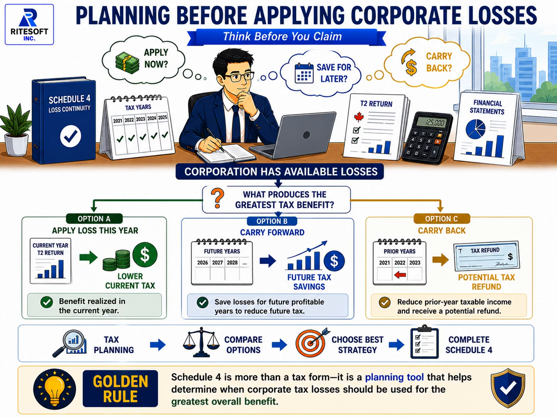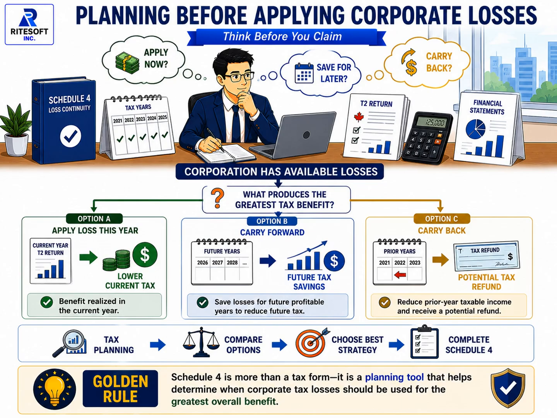Rather than making an automatic decision, the tax preparer compares the available options, estimates the tax impact of each one, and then chooses the strategy that best supports the corporation's financial situation. You can think of the process as 4 simple steps. First, identify the corporation's available tax losses.